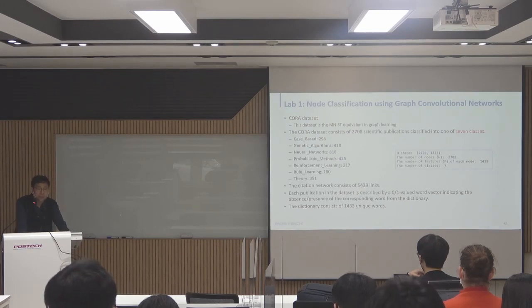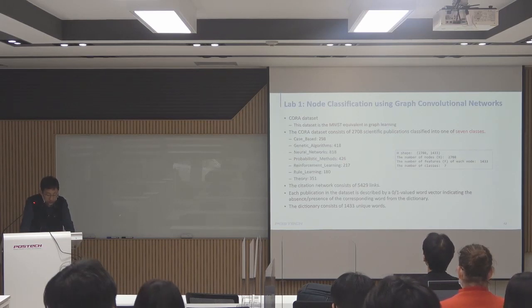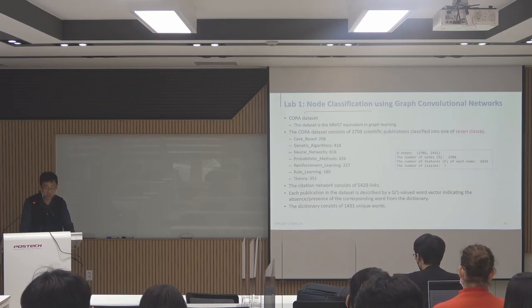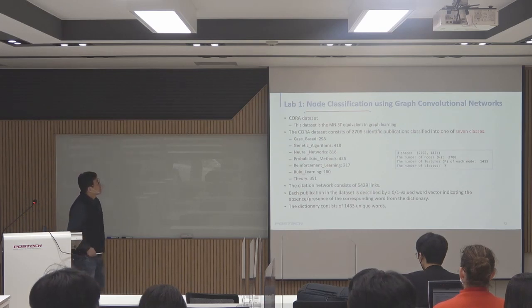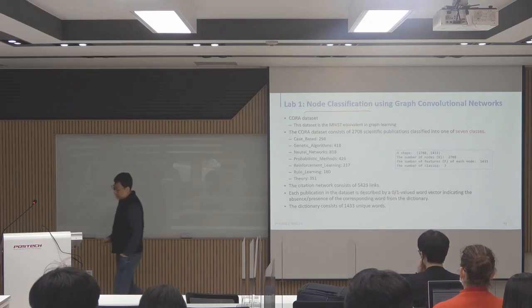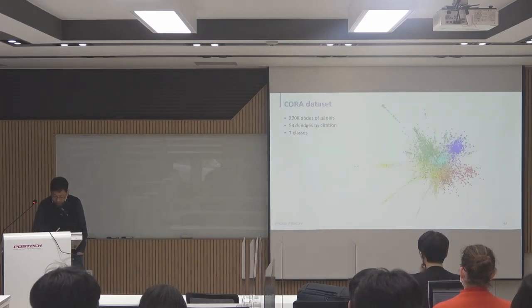So let's think about the example that I want to demonstrate here. I want to show the node classification problem as an example of GCN. This is the data set that we have.